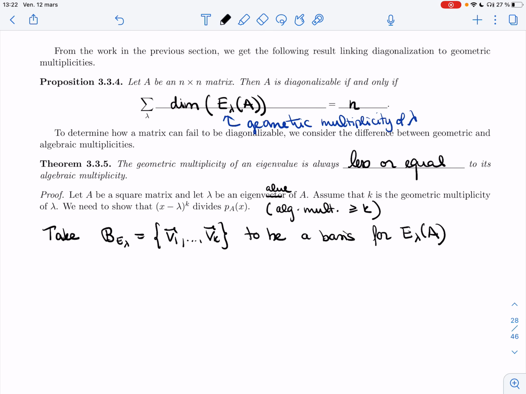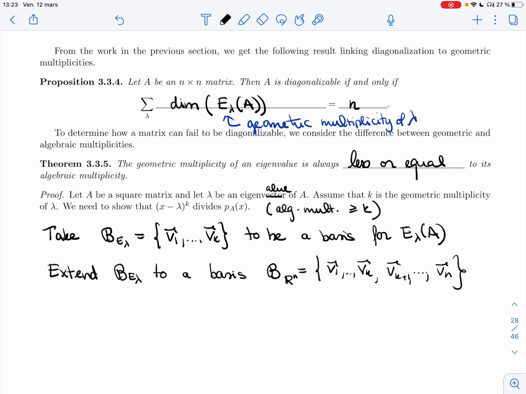We're going to start with these vectors, and then extend that basis to a full basis for R^n. So we start with v1 through vk, and then we put other vectors, v_{k+1} to vn. I don't know anything about these, but this is a basis for R^n.